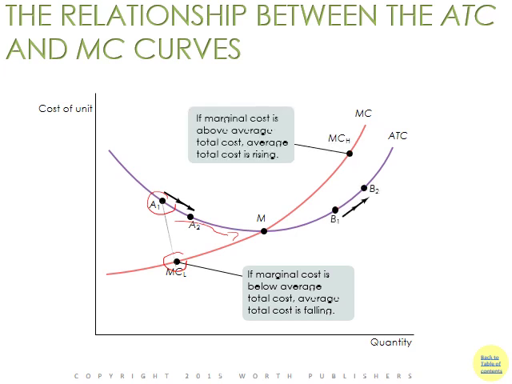So here, where marginal cost is above average total cost, that's going to be pulling the average up. So the minimum point on your average total cost curve is going to be where marginal cost intersects average total cost from below. And this is going to be the output level that minimizes average total cost.